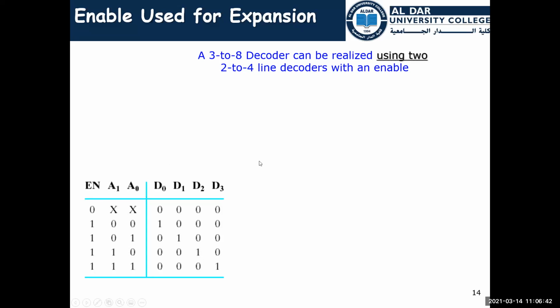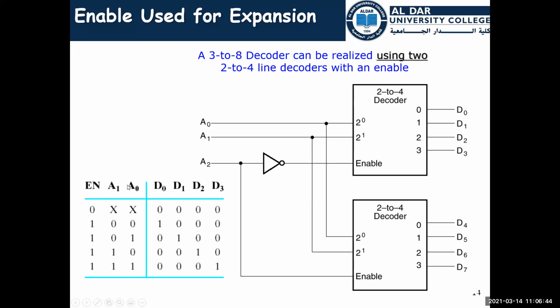If you look at the 2 by 4 decoder, according to the enable, I can make the last variable the enable value. This enable will enable the first circuit if it is 0, and the second decoder if it is 1.